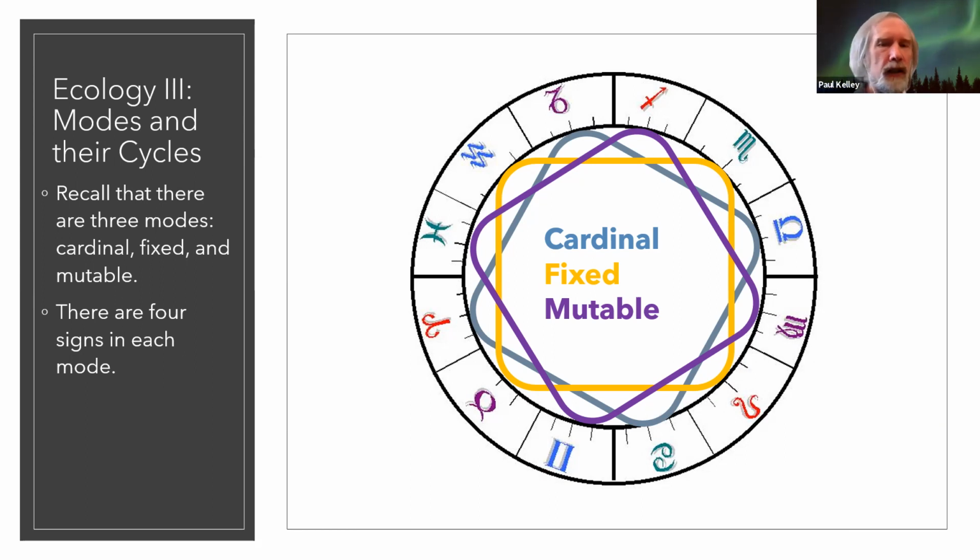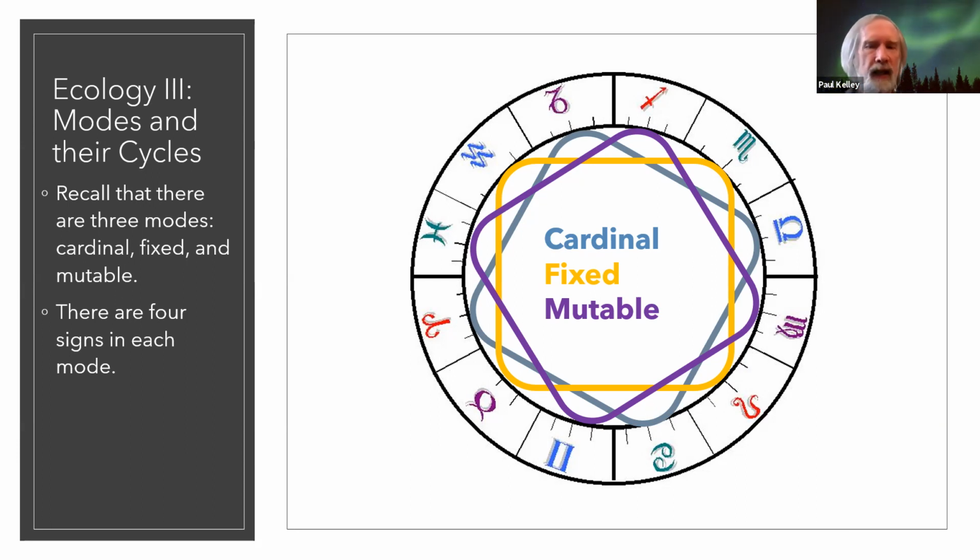So each cycle of modes is equivalent to a season. You can also think of it in terms of a project or a general endeavor. You start things, you establish them, and then you evaluate them and clean things up and get ready for the next round.